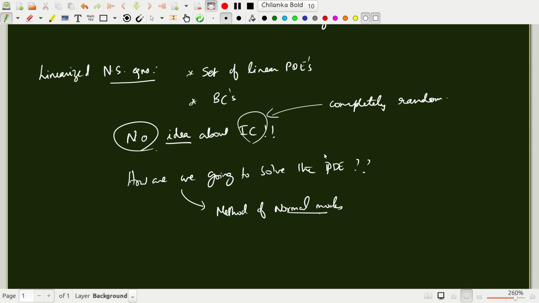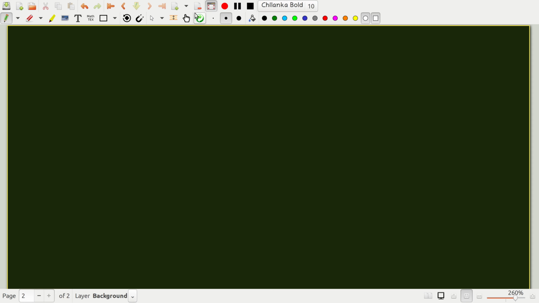Instead, we will try to see whether we can comment on the stability of any arbitrary initial condition using the method of eigenfunction expansions. So here what we said in the last lecture was that suppose I have any quantity f of x, y, z, t. This is some disturbance. Let's say it can be the x component of the velocity or pressure or whatever.